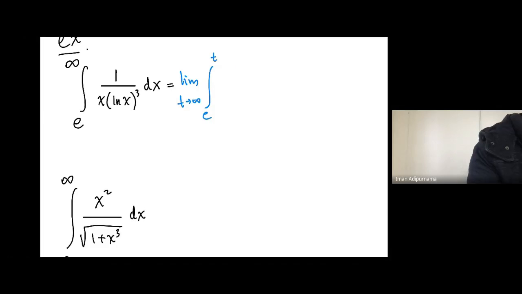So we can write this as the limit as t goes to infinity of the integral from e to t of 1 over x (ln x) cubed dx.